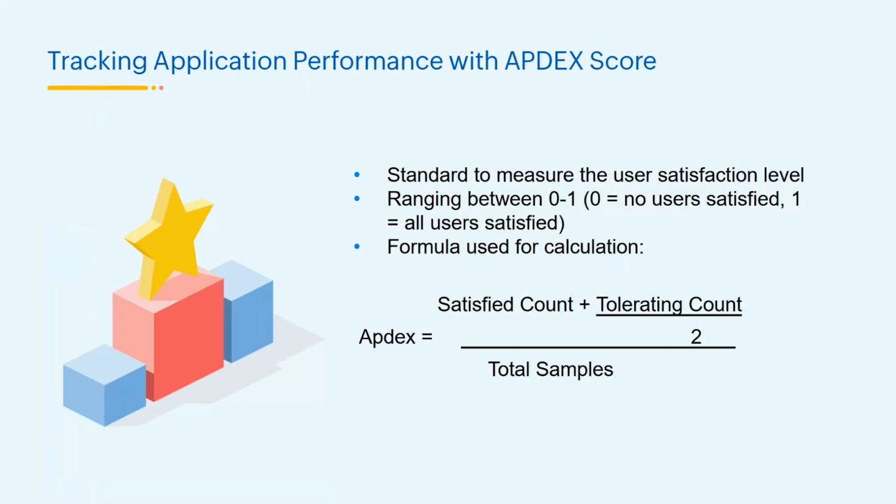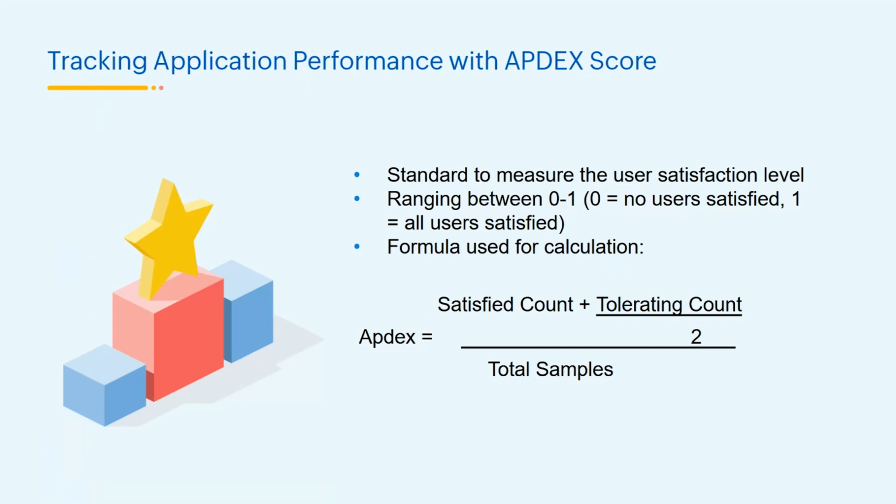So, this application performance index or the AppDex score is a standardized metric that is used to measure user satisfaction and application response time. The AppDex score scale ranges from 0 to 1, where 1 being the best score and representing excellent user satisfaction.